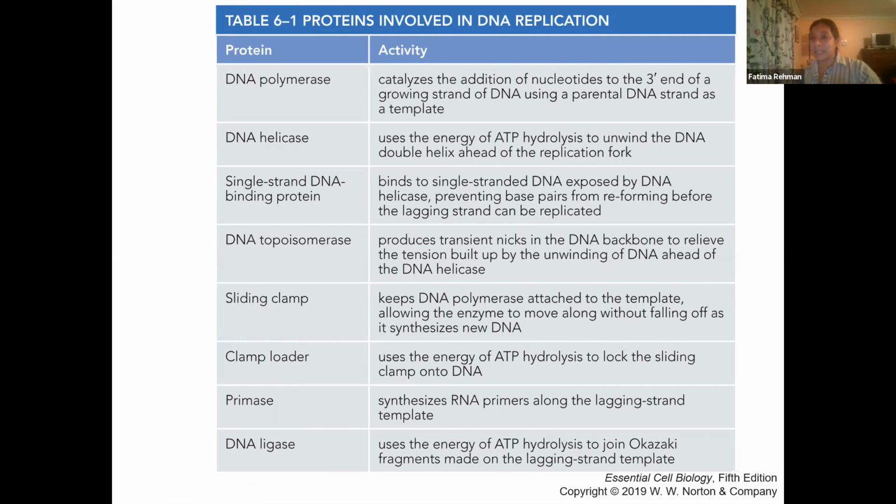It stops the DNA polymerase from falling off the DNA strand, especially at the ends of the DNA, where it would not be able to continue synthesis unless it has some place to hold on to and stay in place. Okay.